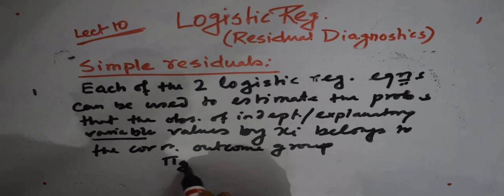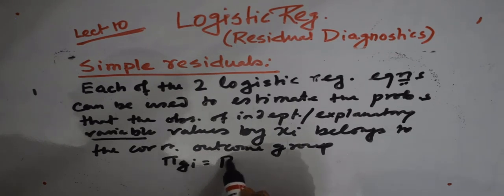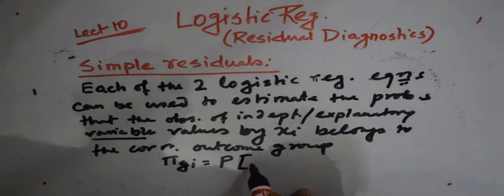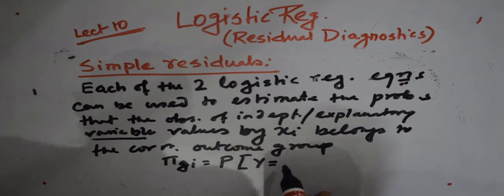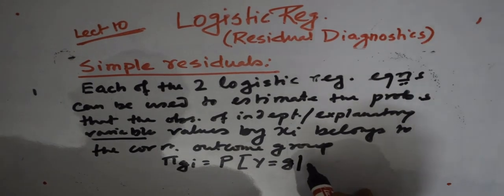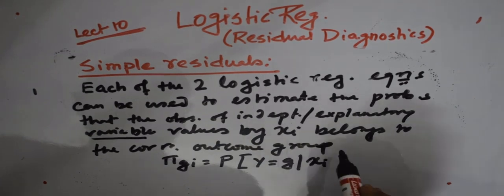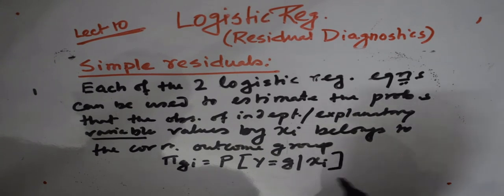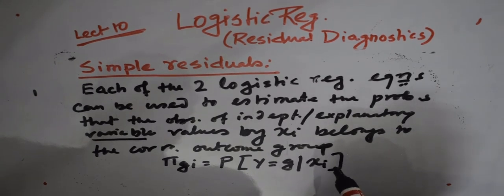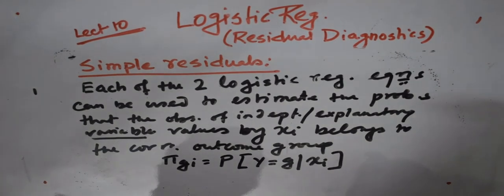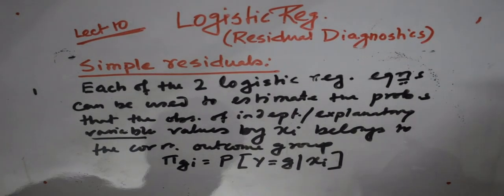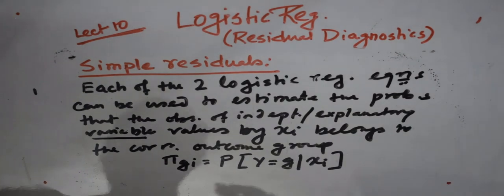Pi gi is the probability that y equals small g when we use the xi value, that means the value of the explanatory variable corresponding to the i-th response.